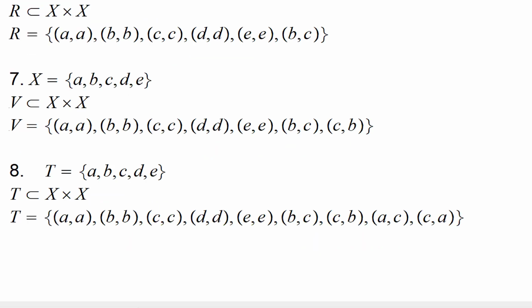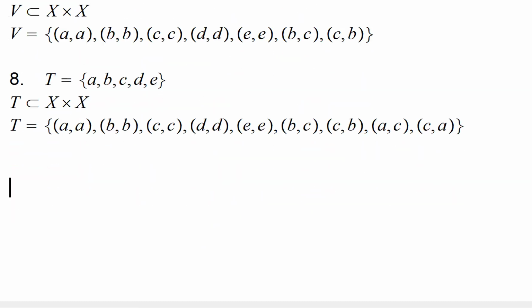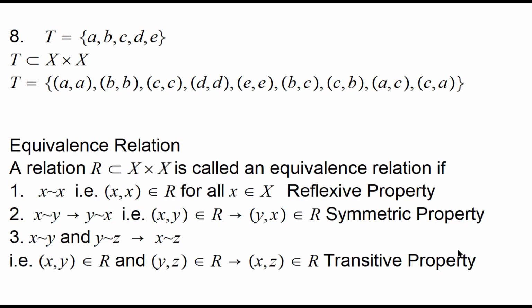Before I go to work on these, let's talk about a specific kind of relation on a set X, or any given set. So now we are going to take up a specific kind of relation on a set X that is called an equivalence relation.